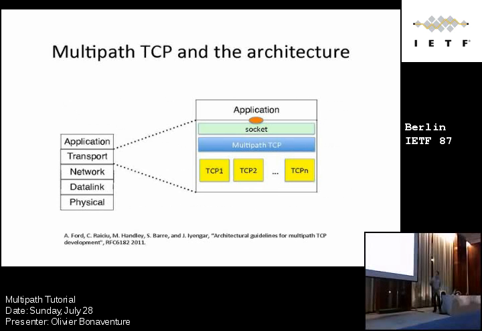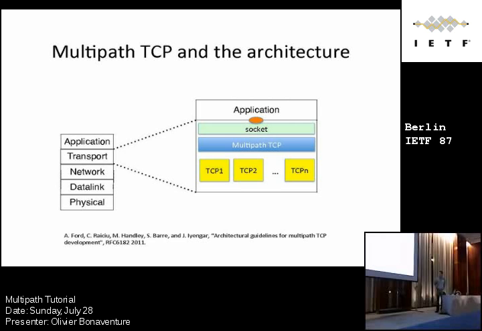So let's look at multipath TCP now from an architectural viewpoint and see where multipath TCP fits into the architecture. So we have the application. The application for multipath TCP is unmodified, so it's using the classical socket layer without any modification. We have the normal socket, and this will interact with multipath TCP.